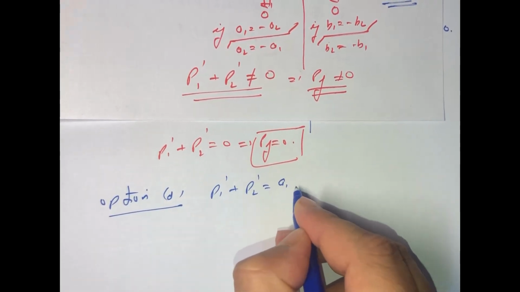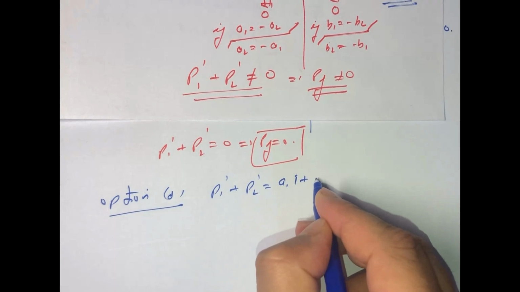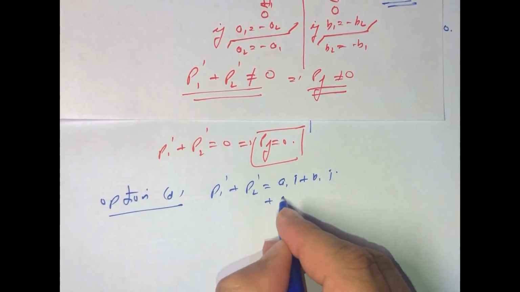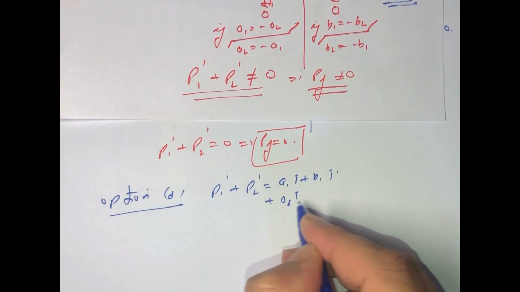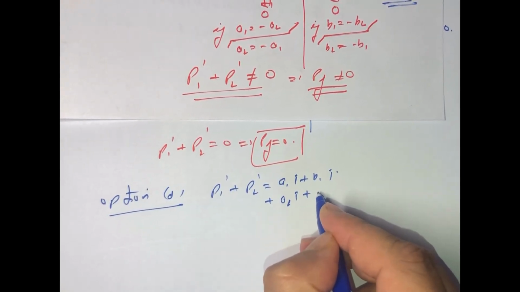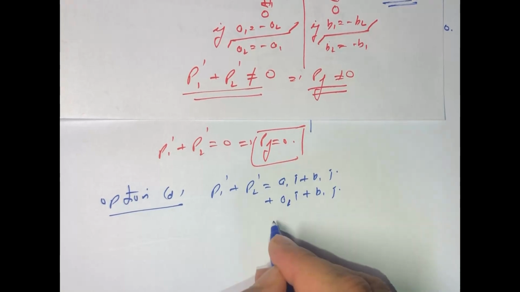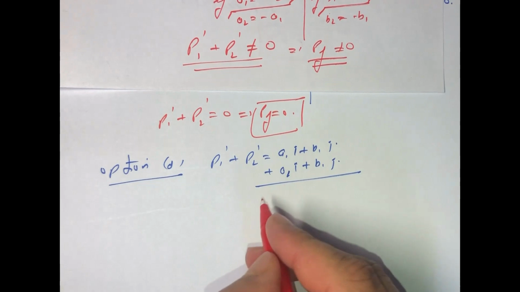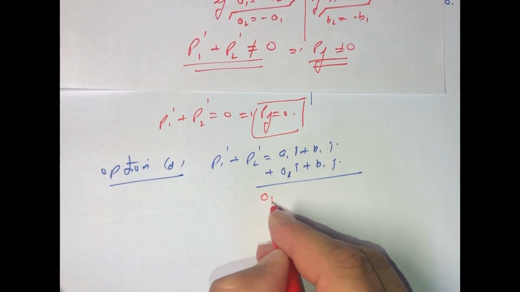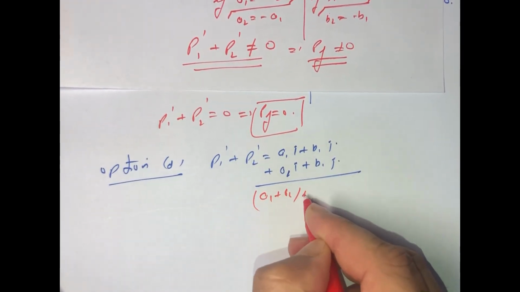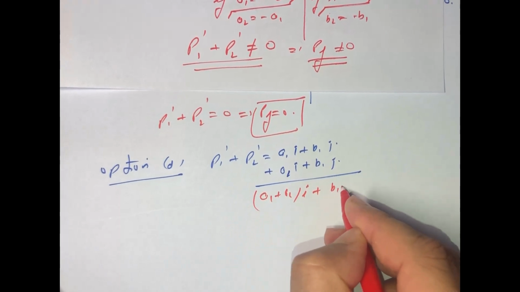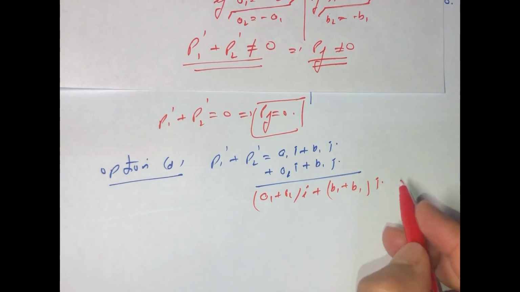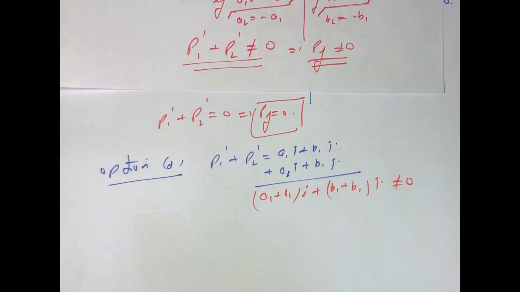This will be coming as a1 unit vector plus b1 j vector and plus a2, sorry, plus b1 unit vector, and if we add them we get this as a1 plus a2 i unit vector plus b1 j unit vector, and this cannot be equal to 0.